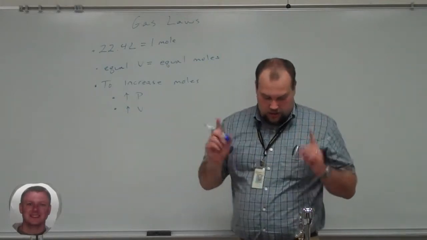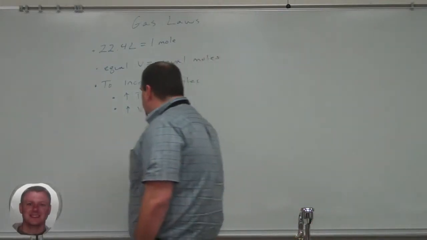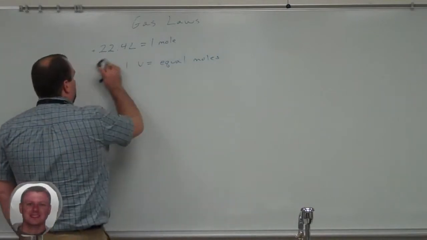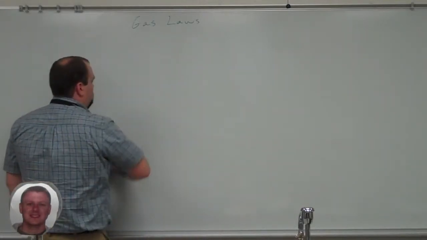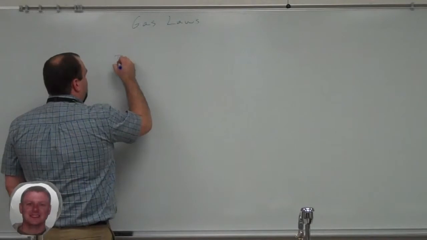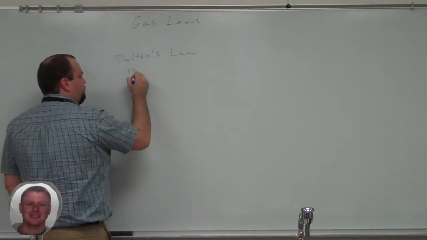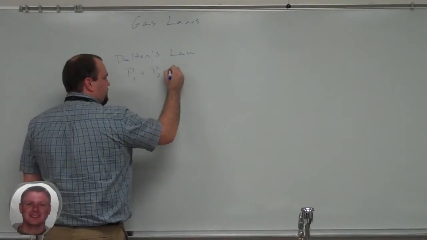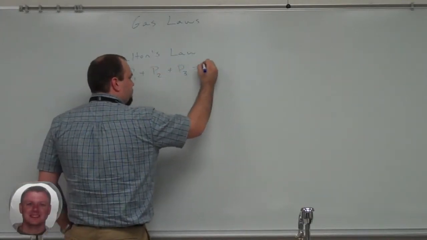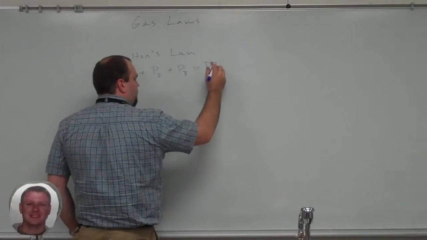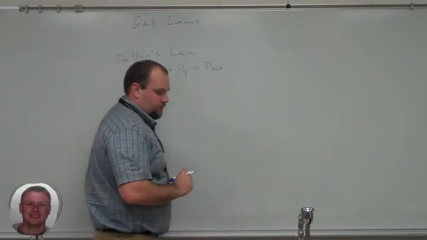So, let's talk about Dalton's law of partial pressures. Dalton's law of partial pressure is deceptively simple, yet very difficult at the same time because of the implications of it.